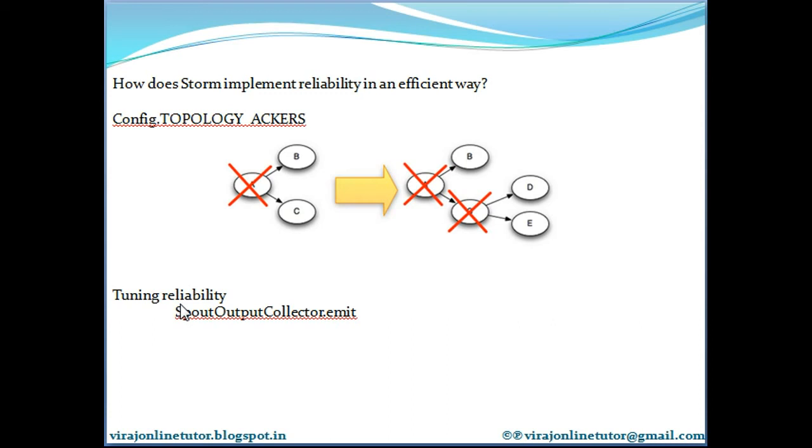If reliability is not important to you, meaning you don't care about losing tuples in failure situations, then you can improve the performance by not tracking the tuple trees for spout tuples. Not tracking a tuple tree halves the number of messages being transferred in your topology, because it requires fewer IDs to be kept in the downstream tuple and hence reduces the bandwidth usage.